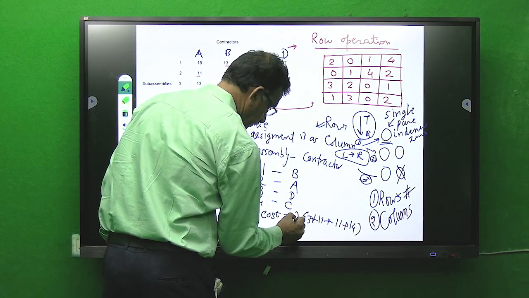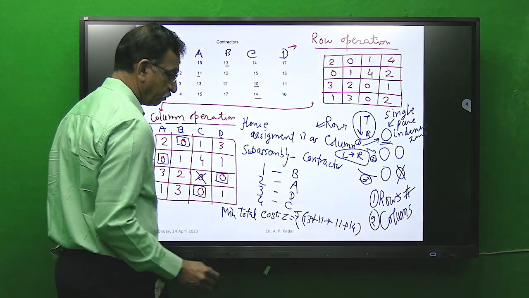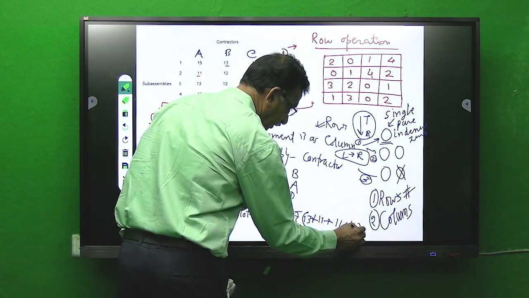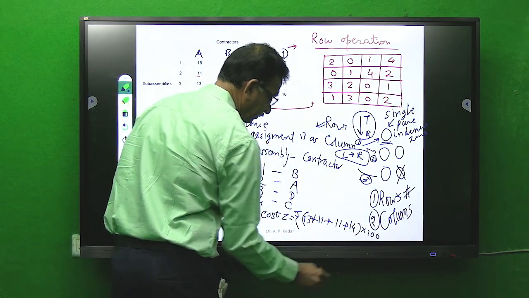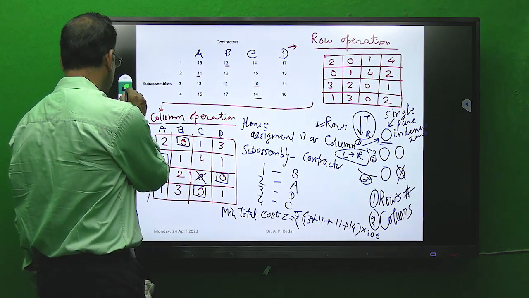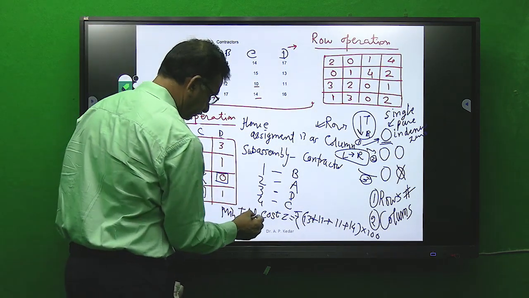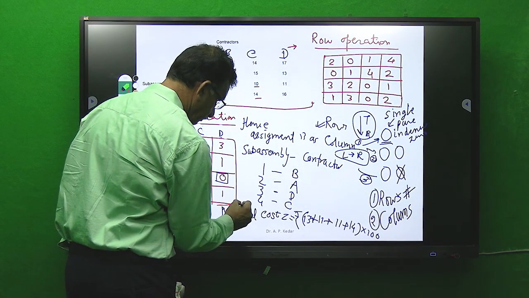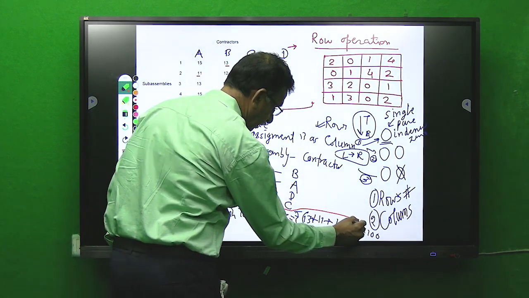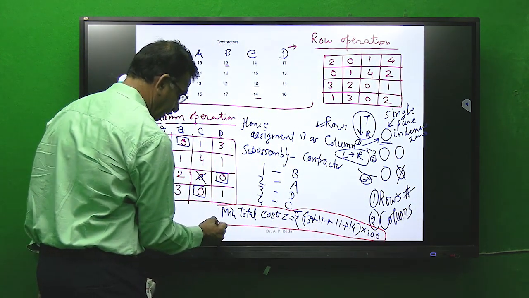Remember, this is in rupees, but don't forget to multiply by 100, since it is given that the cost items are multiples of 100.